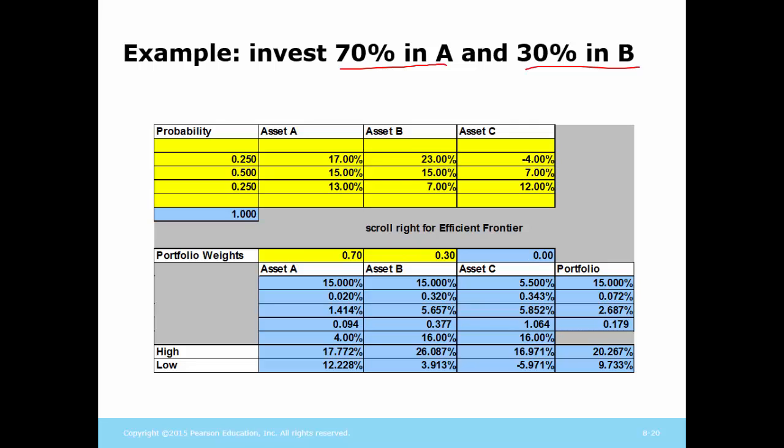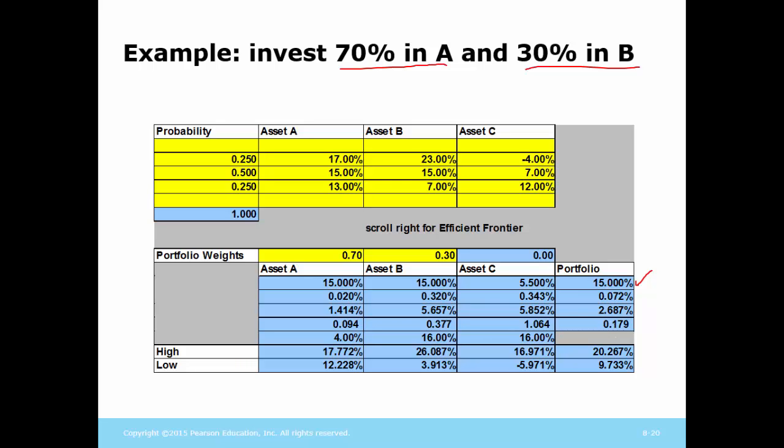That means there's nothing invested in asset C. So what does our portfolio look like? Well, our average return, we're going to get 15%, but our risk is somewhere in between these two, somewhere between 0.094 and 0.37. So we have a risk level that's an average of those two things.